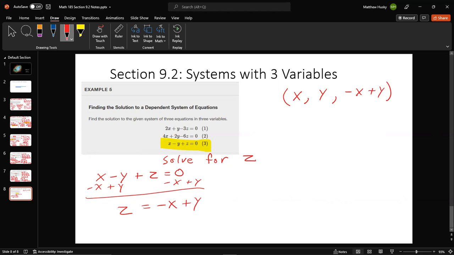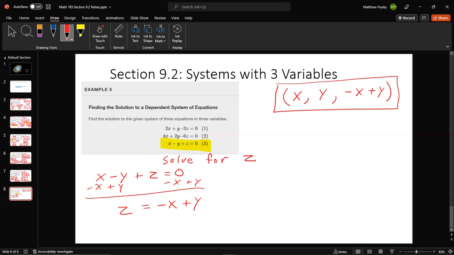And so you have everything in terms of x and y, and the value of z is going to be -x plus y. So that is how you could then write your final answer. So that is what it looks like when you have a dependent system with 3 variables.